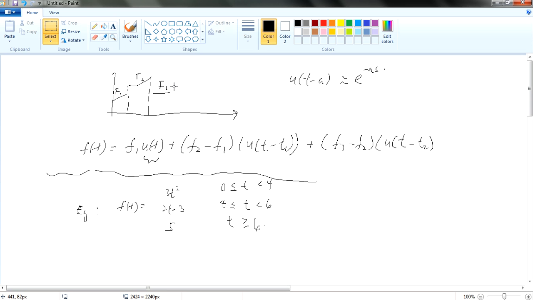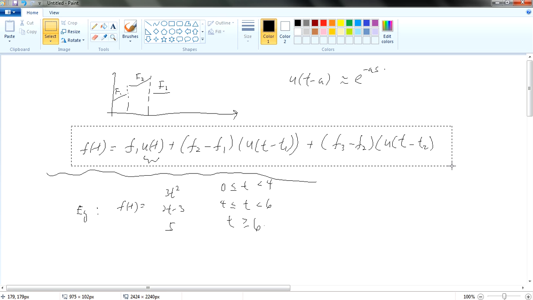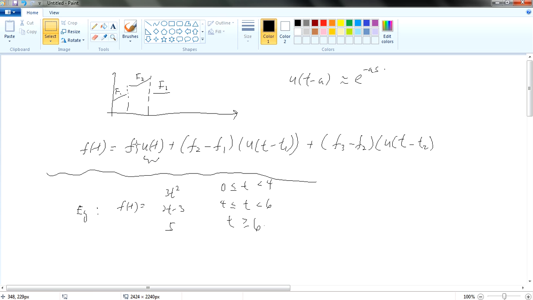So the relationship for this phenomenon is written over here. For function 1, this is function 1 multiplied by u(t). Since this is the second shift theorem, you have t minus a.